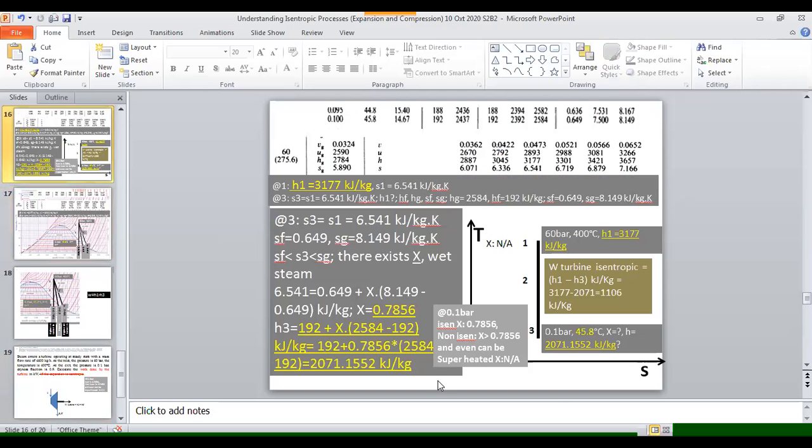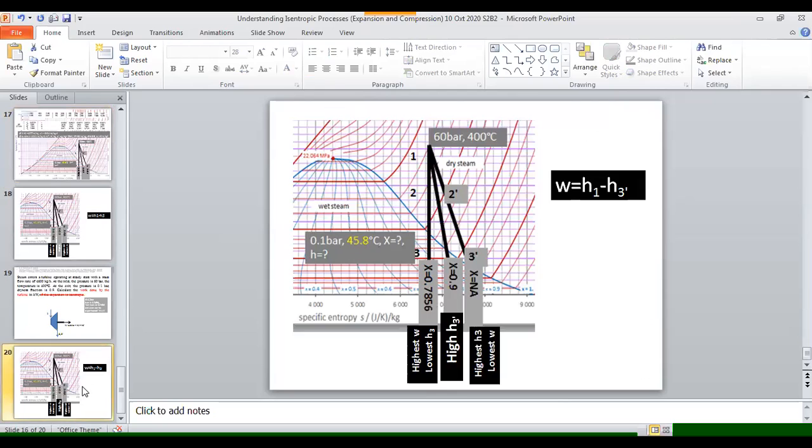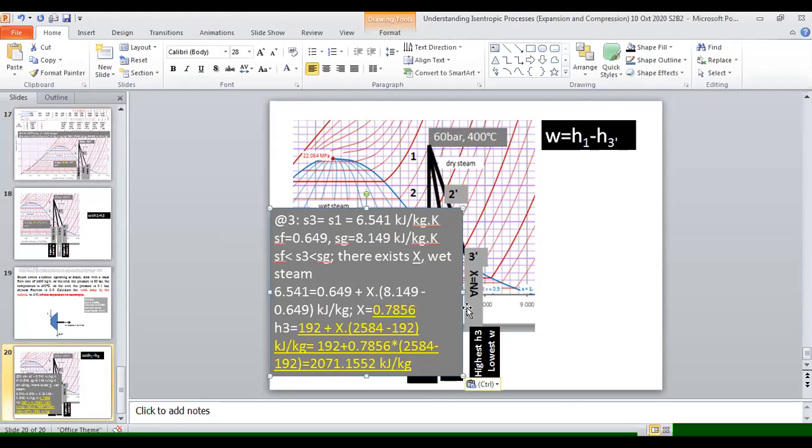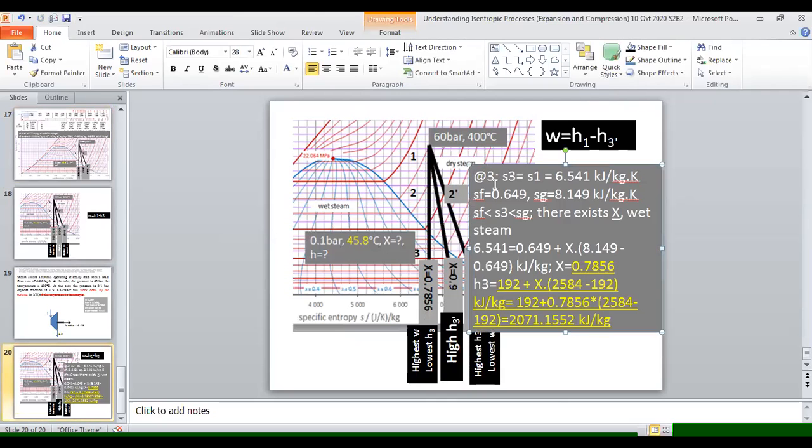Interesting. You can go here. See, your x is 0.9.